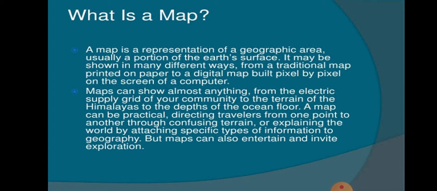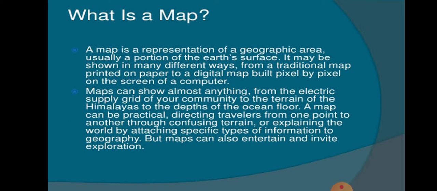A map can show almost anything. A map can explain anything from the electric supply grid of your community to the terrain of the Himalayas to the depth of the ocean floor. So maps will explain the Himalayas, and the depth of the ocean also we can find out by using the map. A map can be practical, directing travelers from one point to another through confusing terrain.